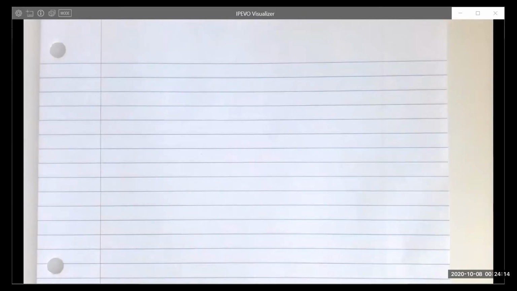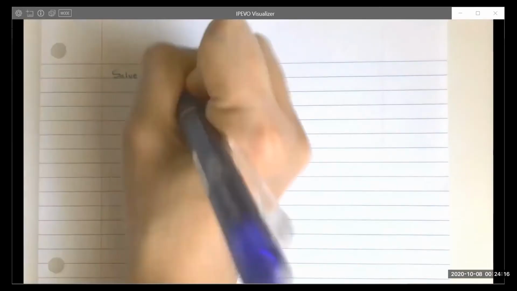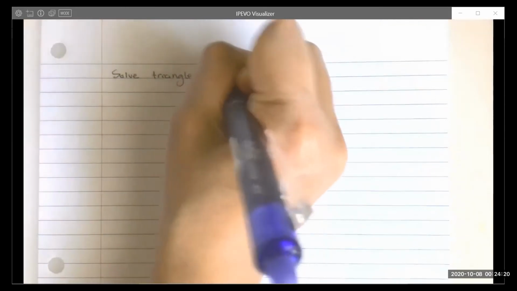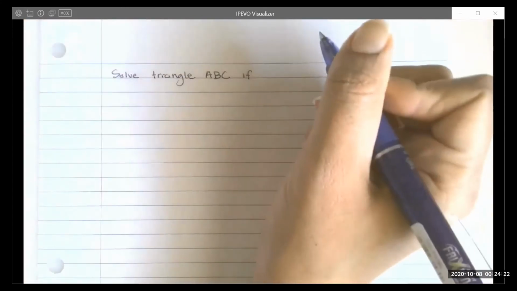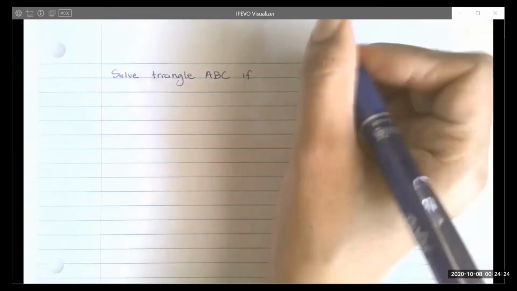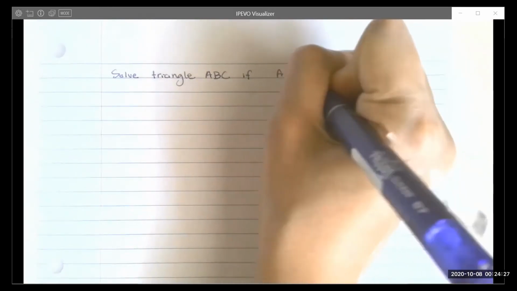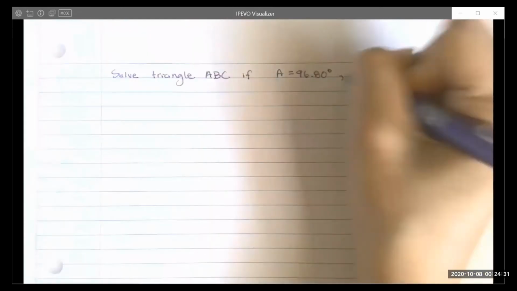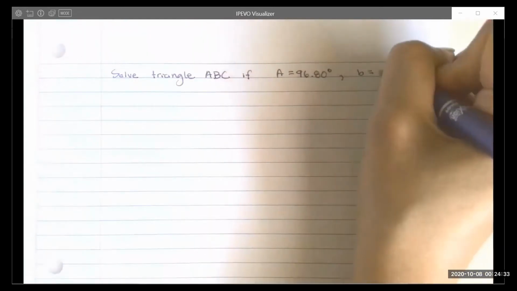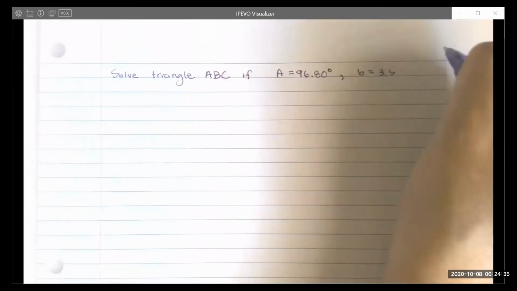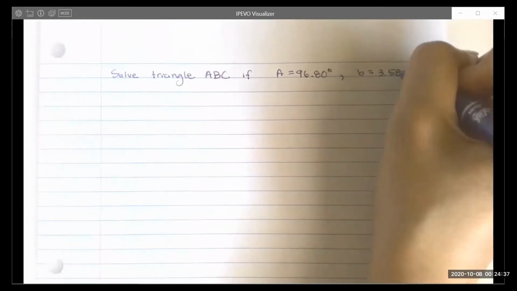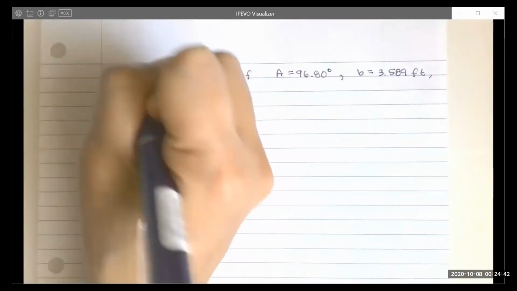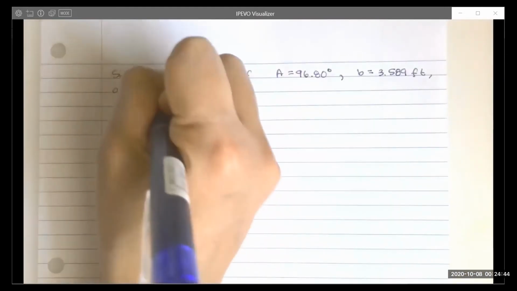We're going to solve triangle ABC, if angle A is given as 96.80 degrees, side B is given as 3.589 feet, and side A is given as 5.818 feet.